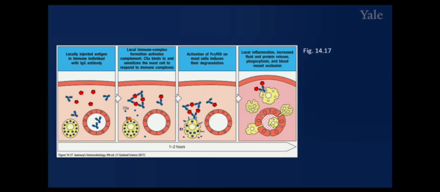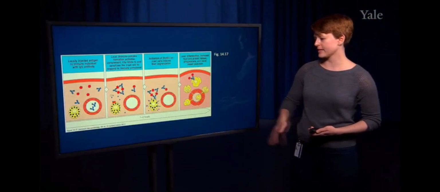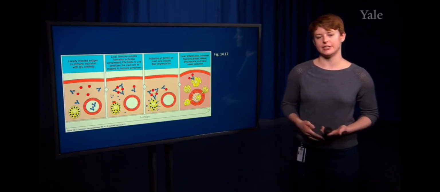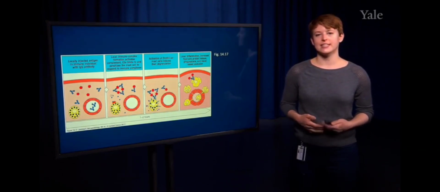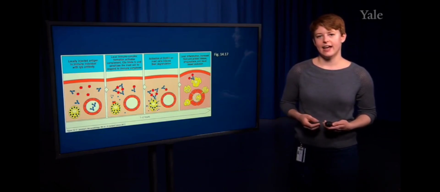So then we see a local inflammatory response. Because of the mast cell degranulation, we have increased fluid leading to swelling. There's also more protein release and phagocytosis. And this can lead to occlusion of the blood vessels, or these complement complexes can actually close off the vessels and not allow blood to flow.